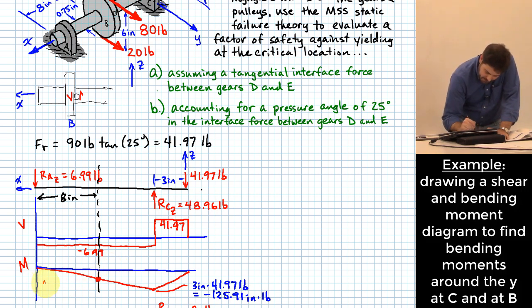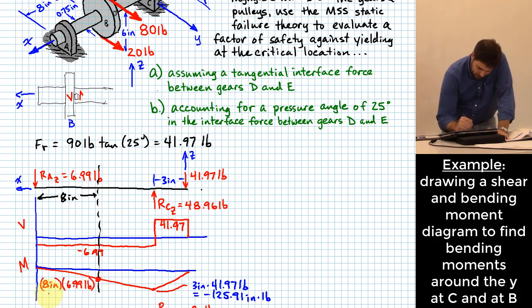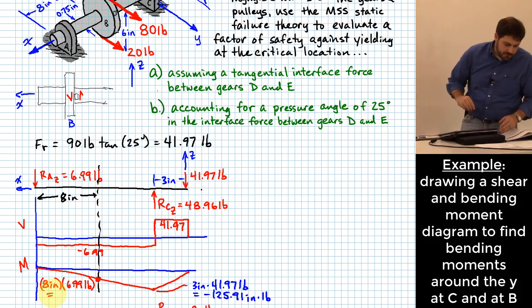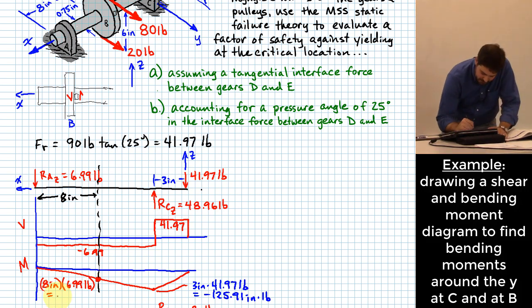I would say it's going to be 8 inches times 6.99 pounds, and that ends up giving me negative 55.96 inch-pounds. And that's at this location right here.